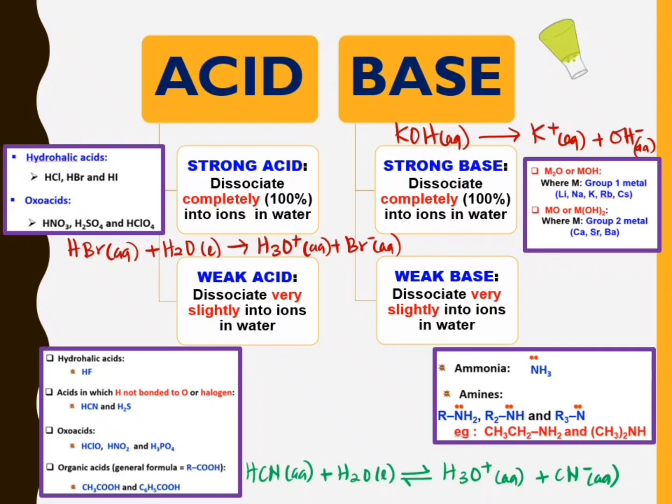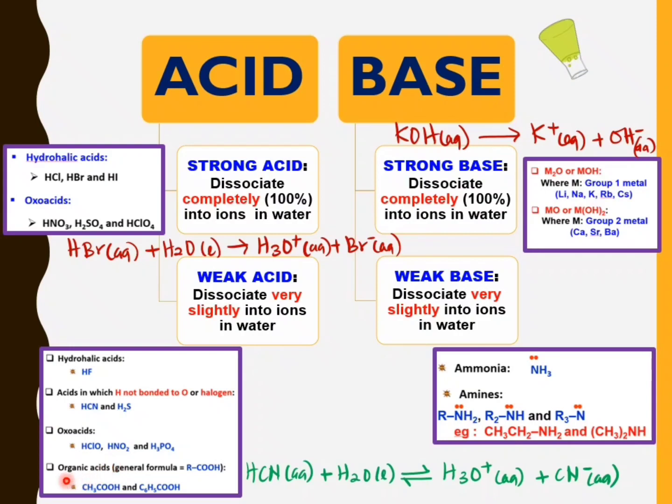Okay, normally weak base terdiri daripada ammonia or amine. Okay, amine. Ada yang sebut amine, ada yang sebut amine kan. So senang cerita, bila awak nampak in the formula consists of nitrogen atom. Okay, bila ada nitrogen atom means that one should be weak base. Kan, kalau nampak ada metal dengan OH, itu strong base.